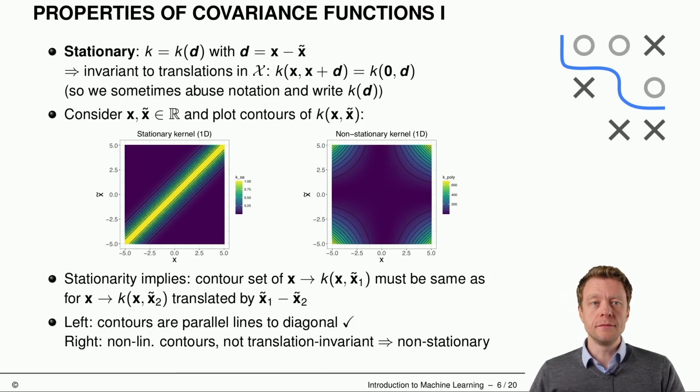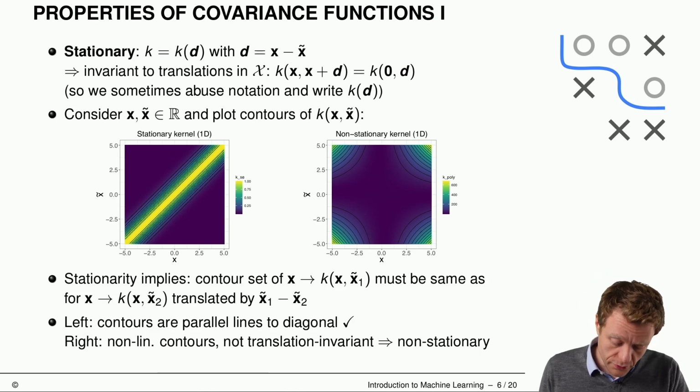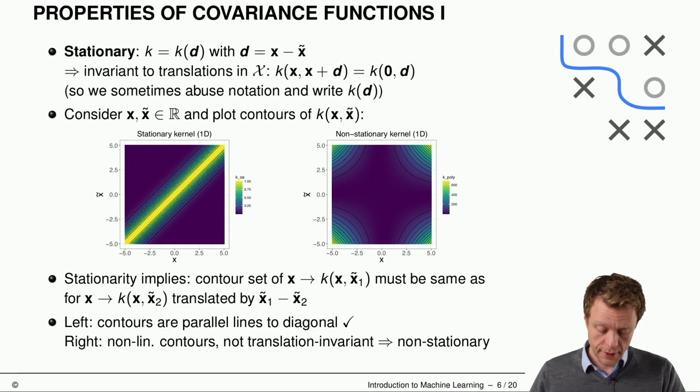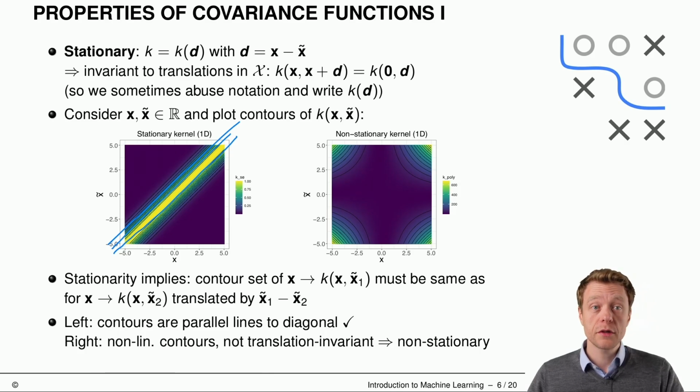Okay. Now, let's try to understand stationarity visually a little bit. So we are operating in R, so x and x tilde are just real numbers, and we plot the contour lines of this kernel function here. Let's start on the left-hand side. This is a stationary kernel, and if you look at this image, what you observe is that we have a lot of diagonal lines, which are parallel to each other. And this exactly characterizes a stationary kernel, because if you try to find those contour lines, you do exactly this.